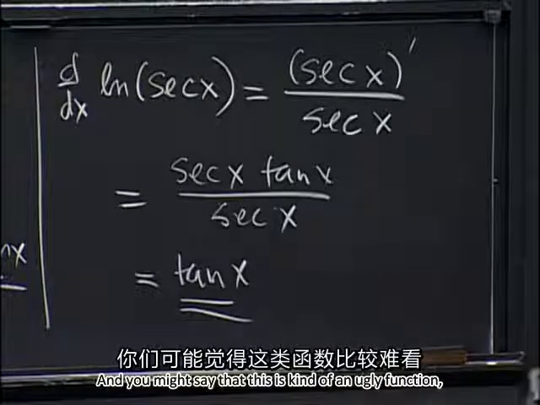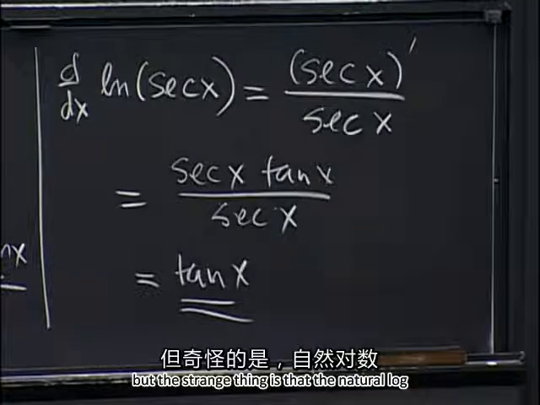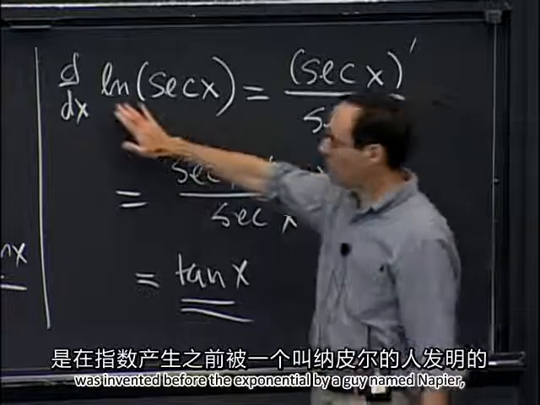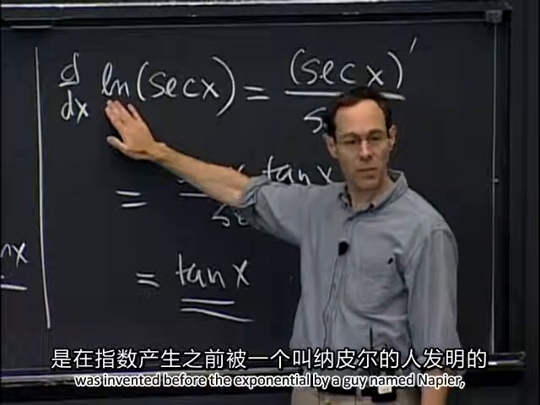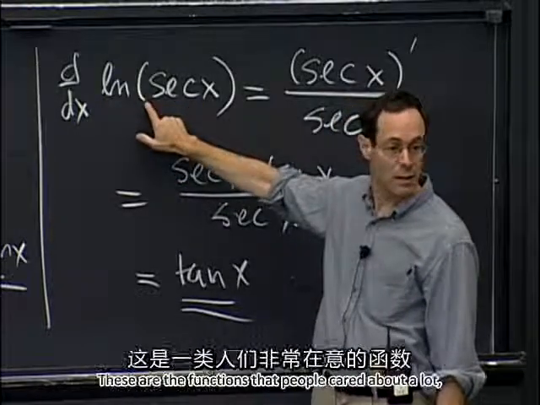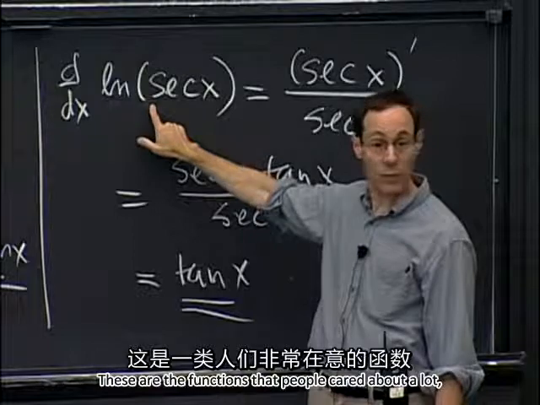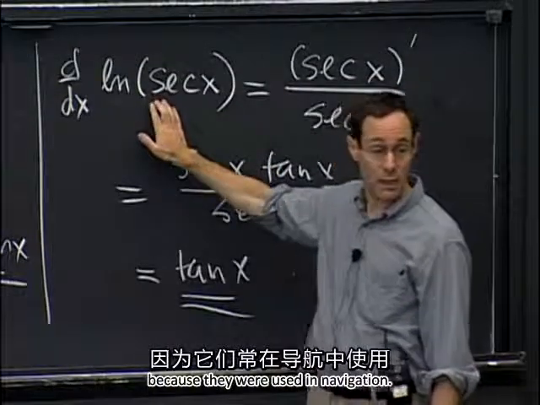And you might say, well, this is kind of an ugly function. But the strange thing is that the natural log was invented before the exponential by a guy named Napier, exactly in order to evaluate functions like this. These are the functions that people cared about a lot because they were used in navigation.